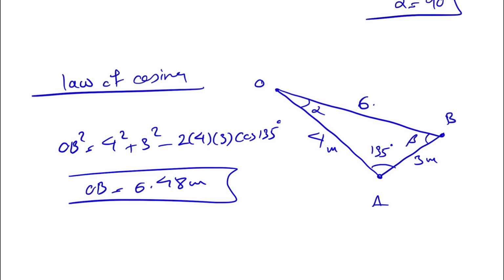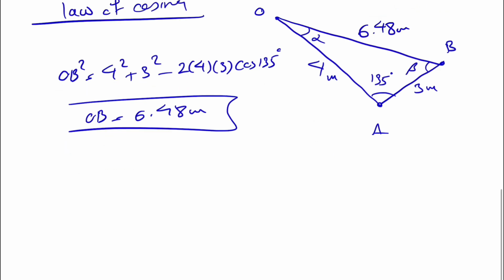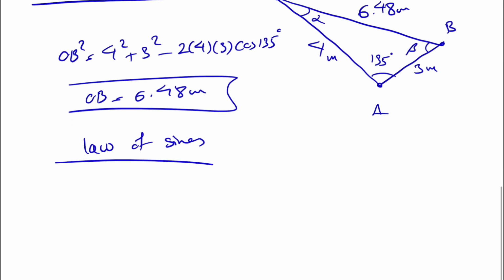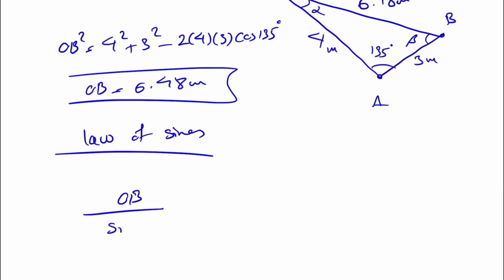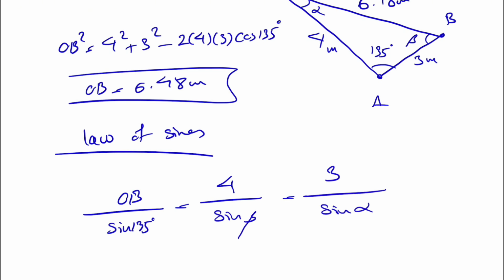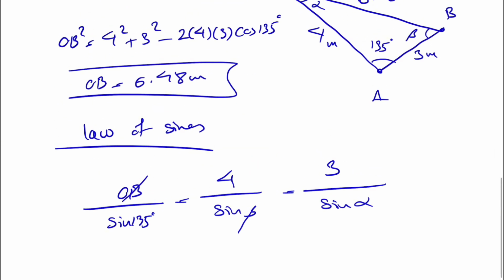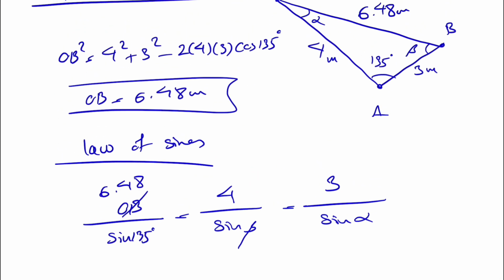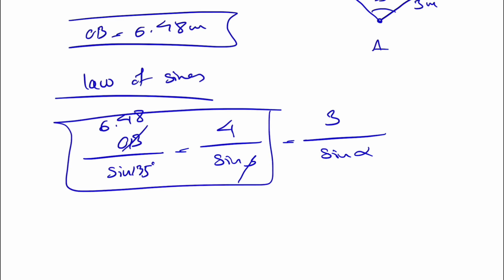So now that we have this 6.48 meter, if we do the law of sines in here, we basically have OB over sine of 135 degrees is equal to 4 over sine of beta and 3 over sine of alpha. So it's easy, we know our OB is 6.48. So basically, if we consider these two, we can find sine of beta is equal to 4 sine of 135 over 6.48.